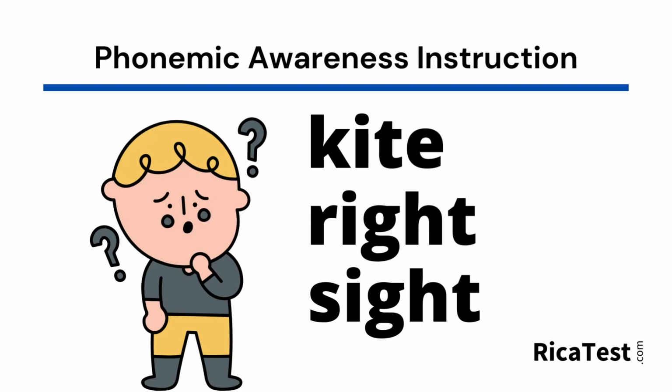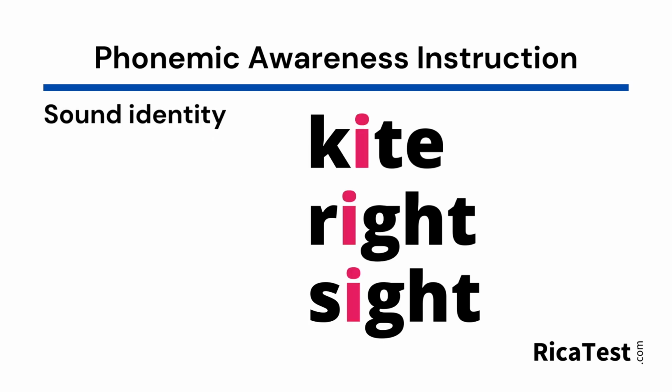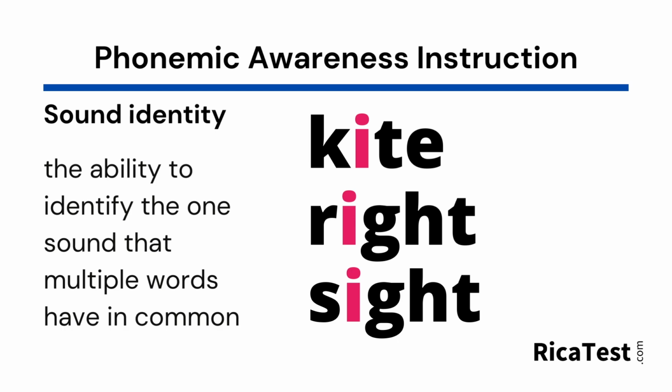This example student is having difficulty identifying the same sounds that multiple words have in common. For this reading need, the teacher will build the student's sound identification skills. Sound identity is the ability to identify one sound that multiple words have in common.